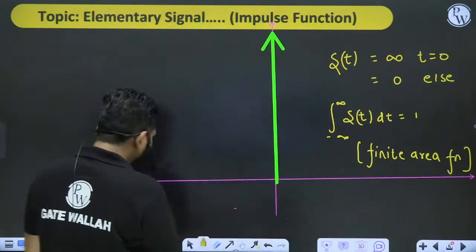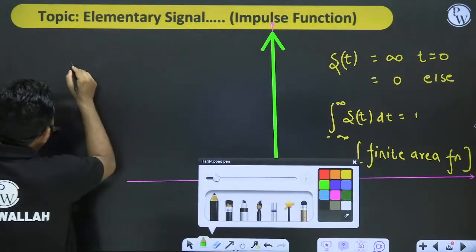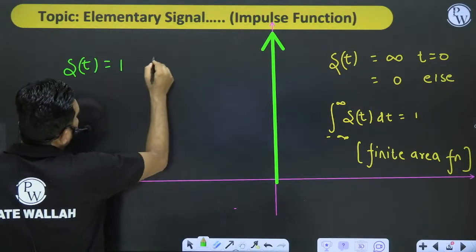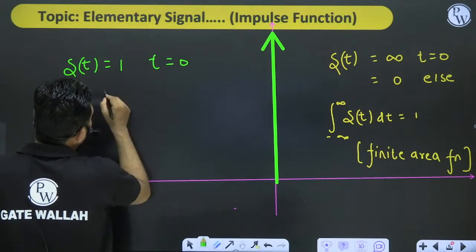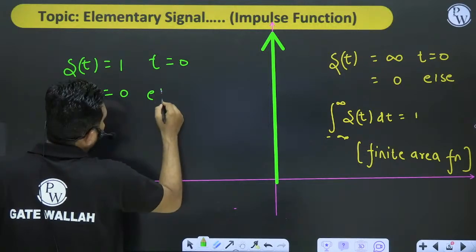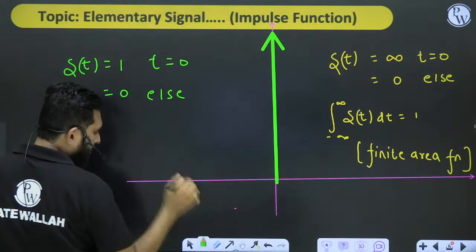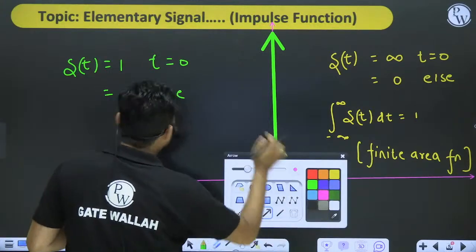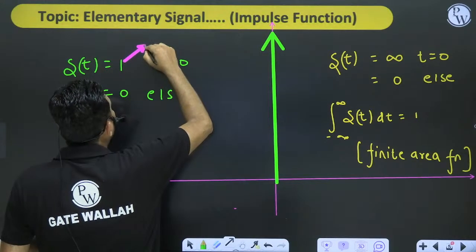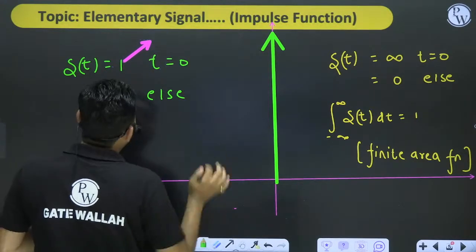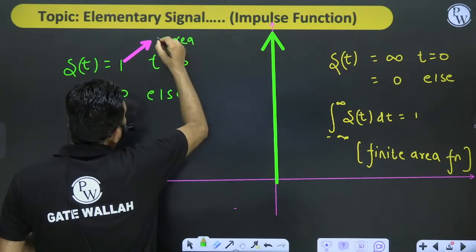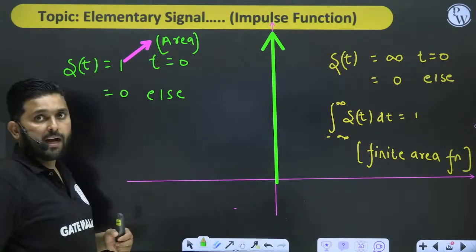So how will you write it? Mathematically we write delta t in this way: delta t is 1 at t equal to 0 and 0 else. But mind it, this 1 is actually the area, not the height.